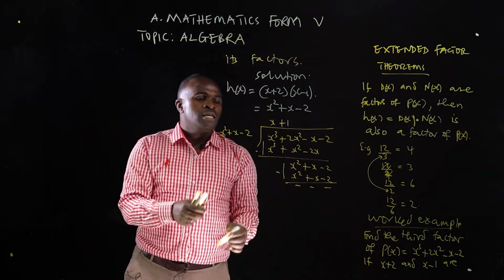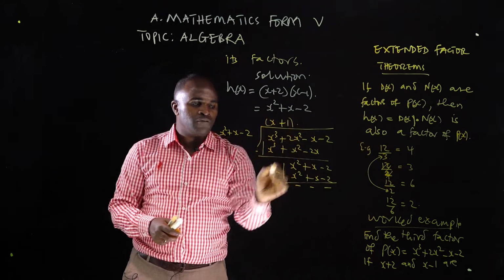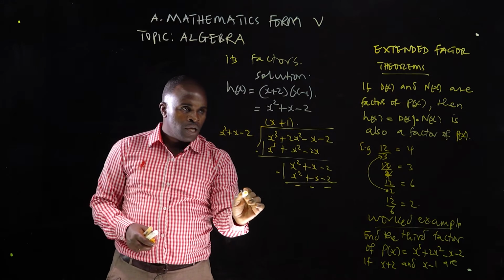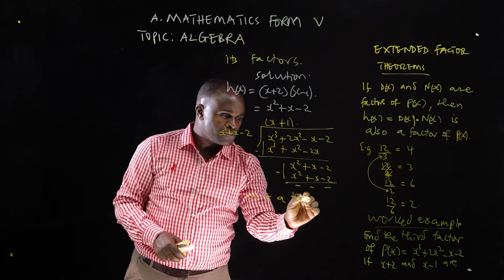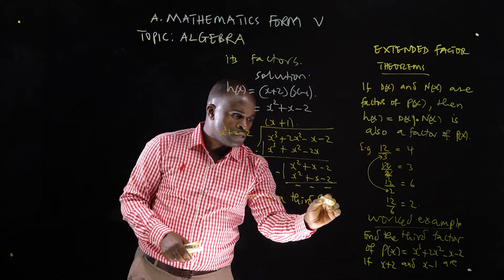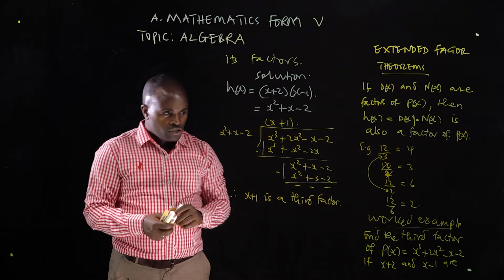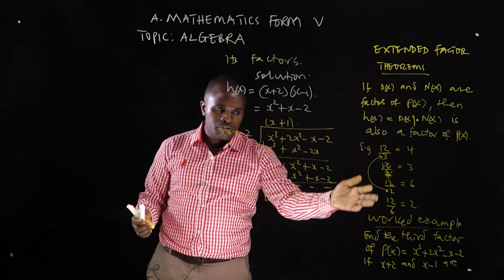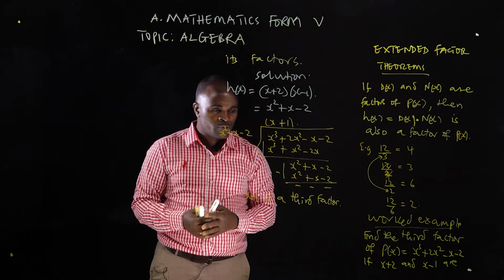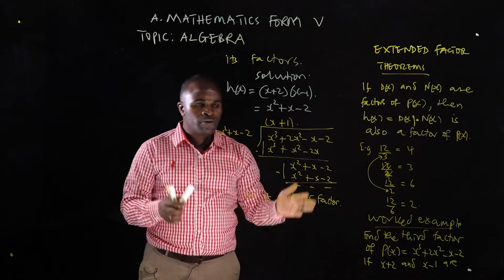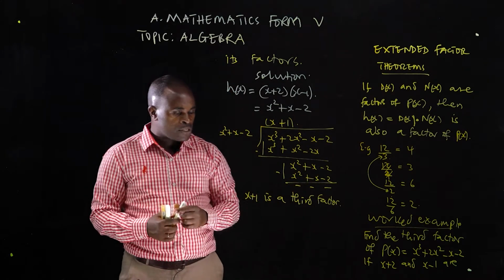Therefore, this one must be the third factor. So we say x plus 1 is a third factor. So this is how you can see how the extended factor theorem works. And we will see this for the classwork at the end of our session.